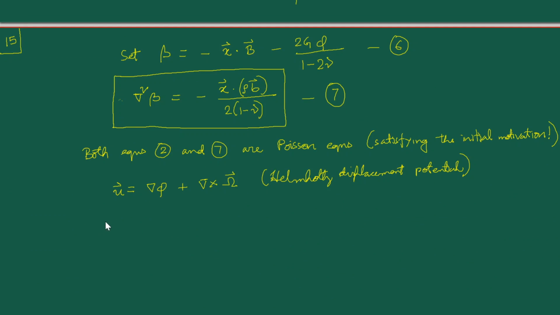Going back to equation 1, we have for our b vector minus g grad phi divided by 1 minus 2 nu, minus g curl of the omega divided by 2 into 1 minus nu.